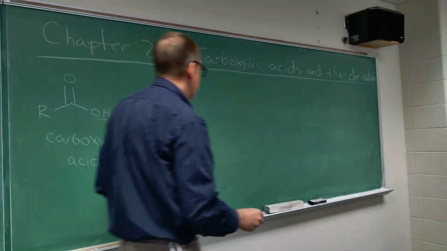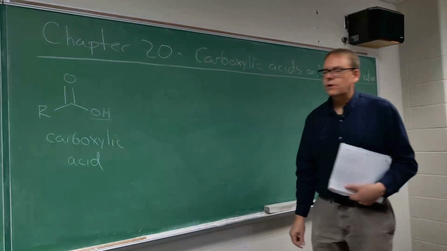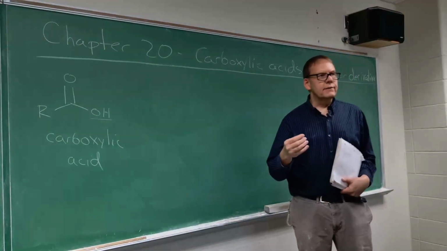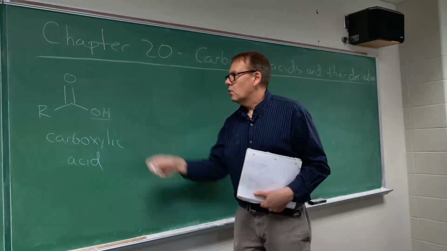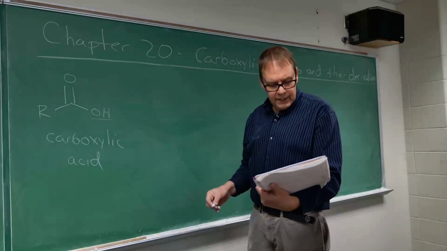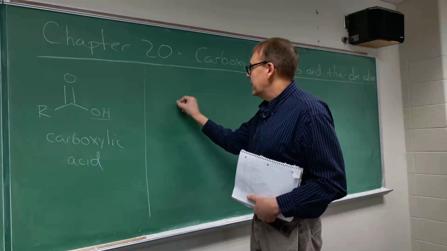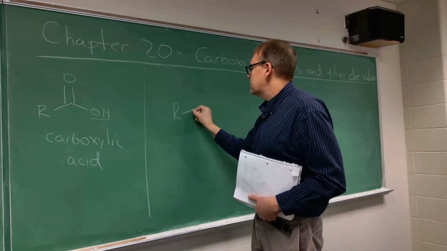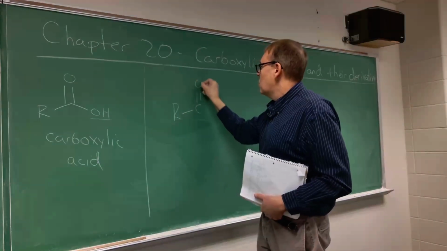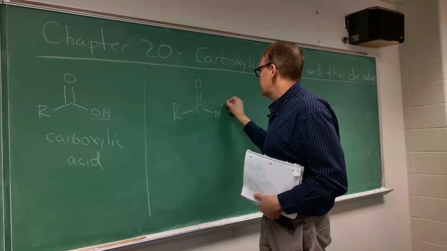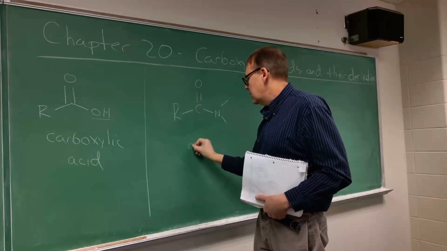And what you'll see about the derivatives is they are all very similar to carboxylic acid. They just have a different group in place of the OH. So in the list of carboxylic acid derivatives, these are all things that are related to carboxylic acids. The first one we're going to talk about looks like this, which is called amide.